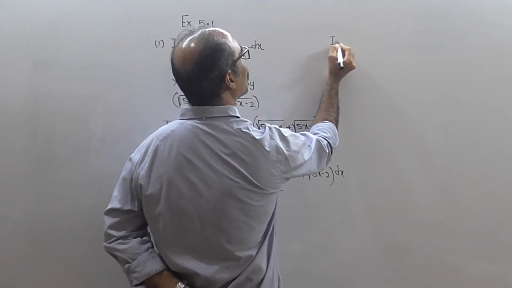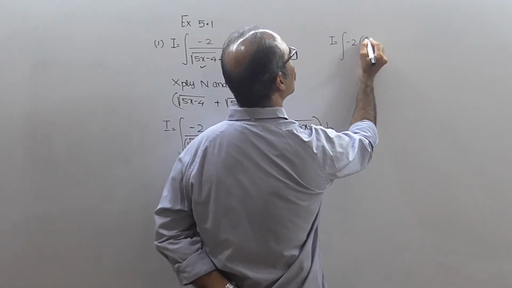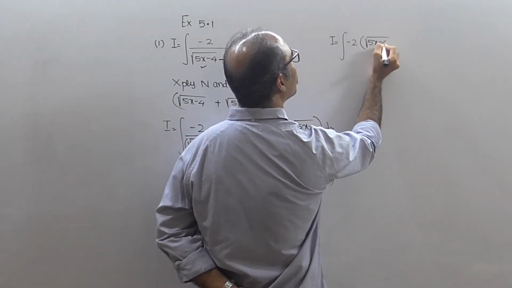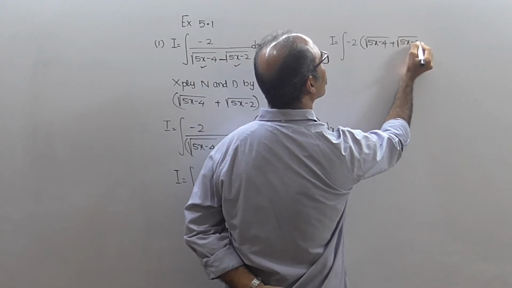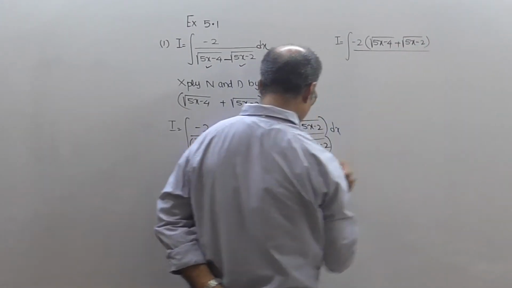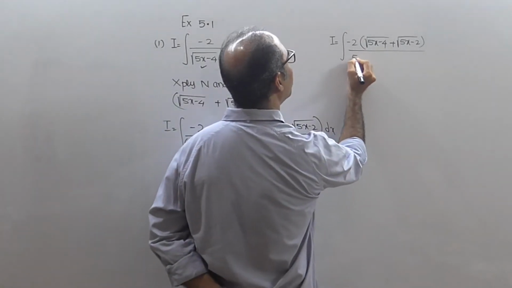So you have I equal to integration minus 2 inside the bracket root of 5x minus 4 plus root of 5x minus 2, and the squares will get eliminated.